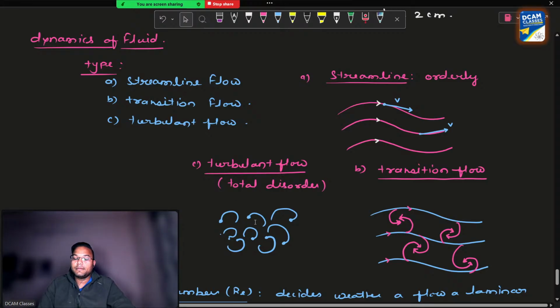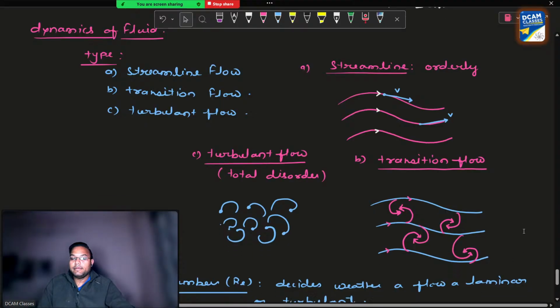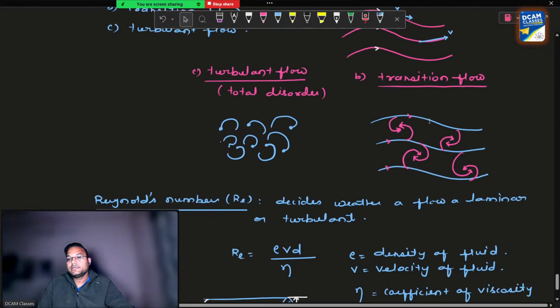That middle stage between the streamline flow and the turbulent flow is known as transition flow. Means the flow is about to change. It has started changing from streamline to turbulent. Turbulent is total disorder. Streamline is total order. And in between the stages, transition flow.